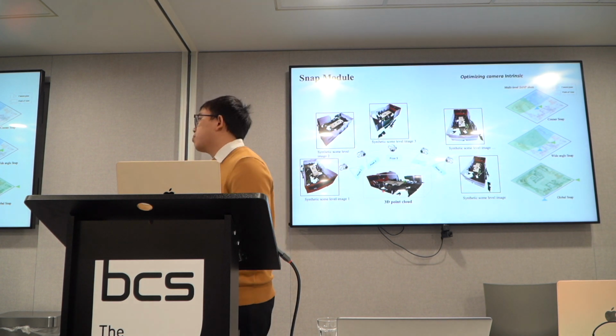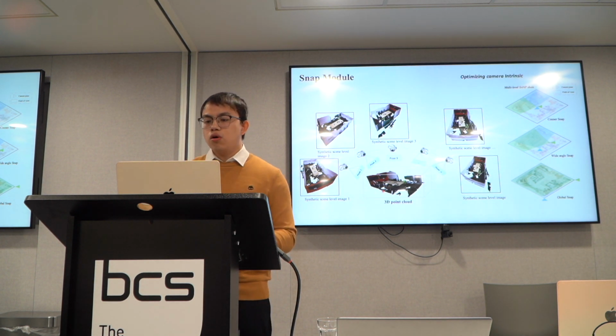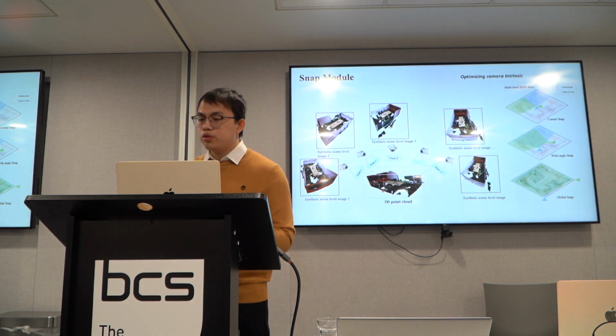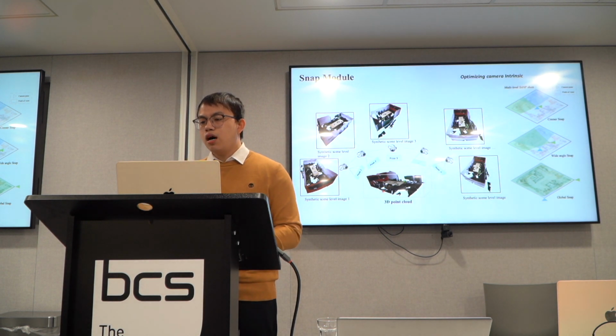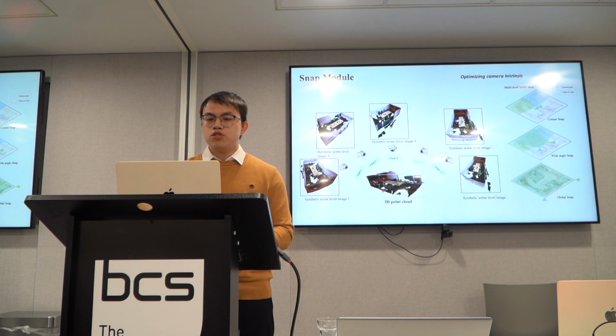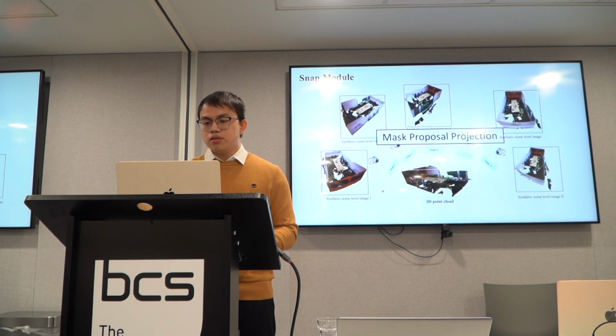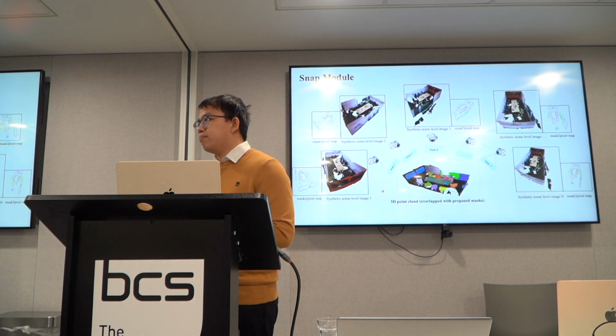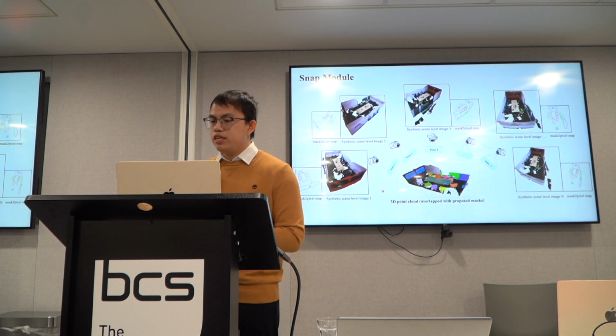The challenge of this part is once we position our cameras, we need to calibrate the intrinsic matrix to actually generate some good images. So we propose a very simple but effective module to calibrate the camera intrinsics. Once we have those images, we also project the mask proposals we generated at the first stage with the same camera and intrinsics.